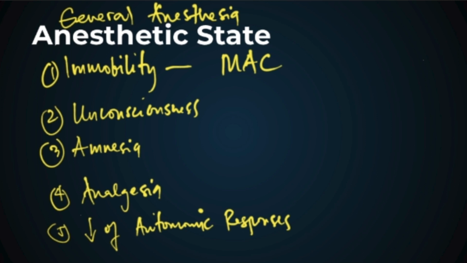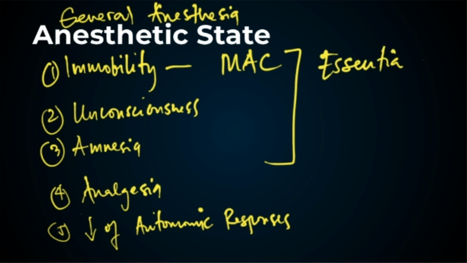Amnesia is reliably prevented at low MAC values. MAC is the measure of the potency of anesthetic drugs. Okay? Now, immobility, unconsciousness, and amnesia, this is what is referred to as the essential triad.